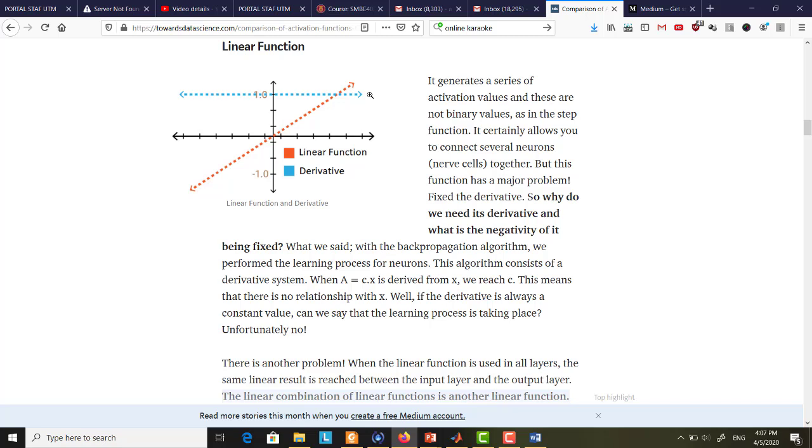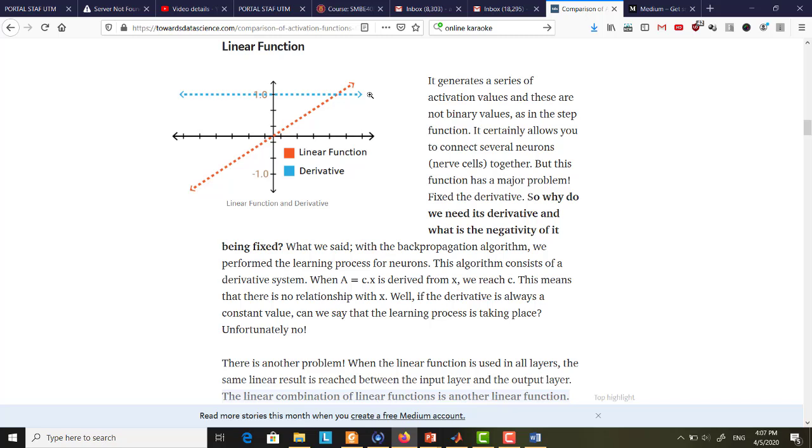Okay, just imagine that your alpha is 0.5, and let's say the updater, the value of del W13, for example, is 2. So 2 times 0.5 is 1.